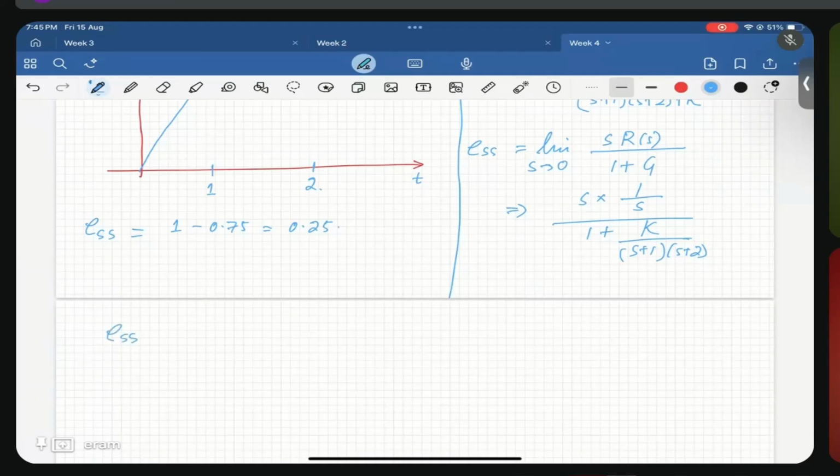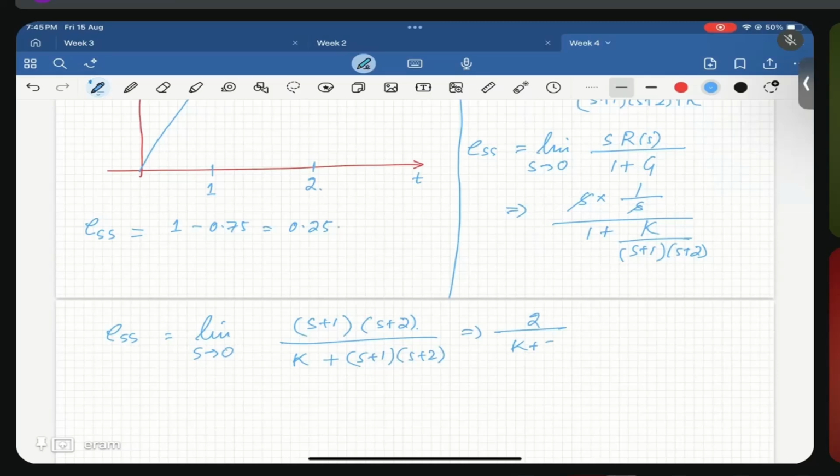So e steady state equals limit s tends to 0, we will have (s plus 1)(s plus 2) divided by k plus (s plus 1)(s plus 2). What we will get? It will be 2 by k plus 2.